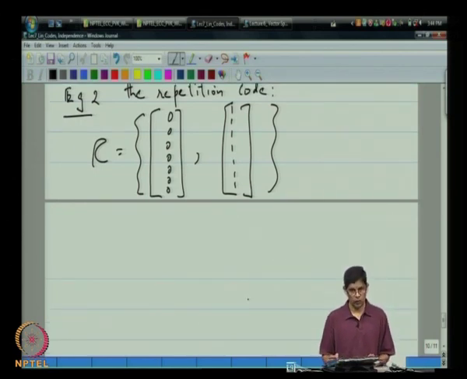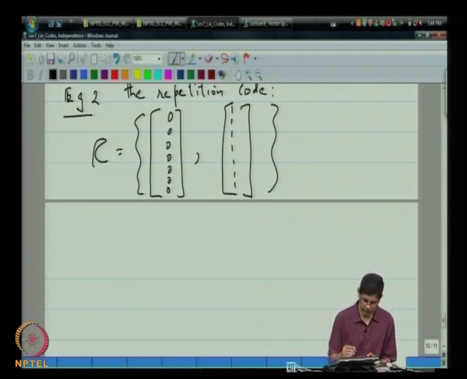Clearly, the sum of any 2 code words is a code word. Therefore, it follows that this is also a linear code.